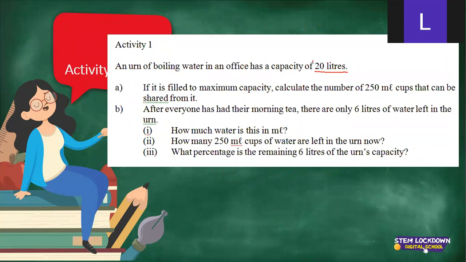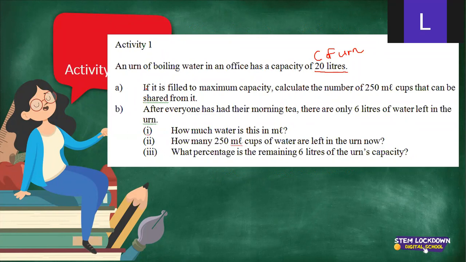So I'll write a short annotation to say this is the capacity of the urn. The urn is able to carry 20 liters. Remember, capacity is the amount of space inside the urn. So it can carry 20 liters.